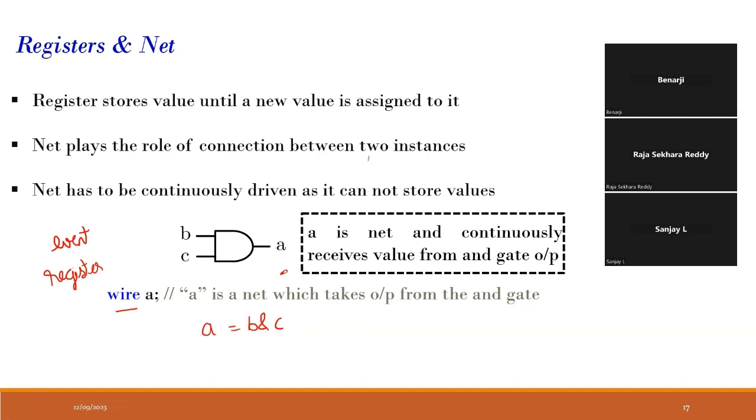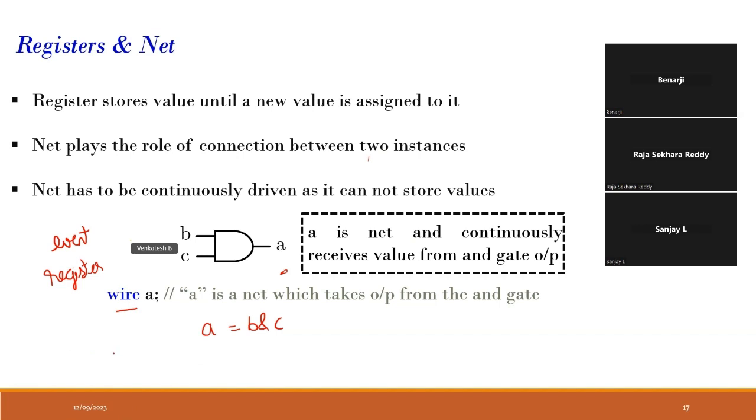Whenever there's a change in B and C, the A value will change. But for a register, it is not possible to happen like that. Only when one particular event happens do we assign a value to the register.